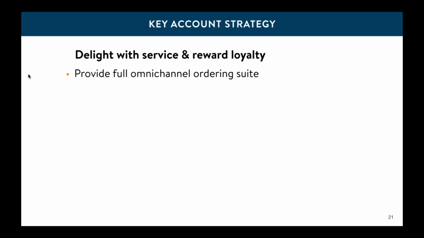Maybe one of those key accounts wants to order only through reps and refuses to do anything self-serve. But maybe another wants to do everything themselves and doesn't really want to talk to a rep until they actually need advice or support. So you really need to factor this in to extract as much value as possible from these key buyers that are already your most loyal customers.